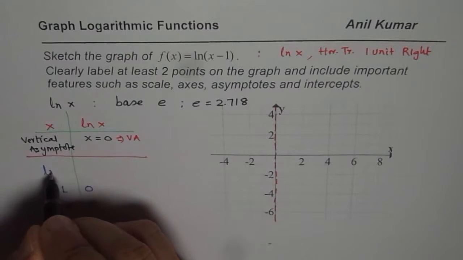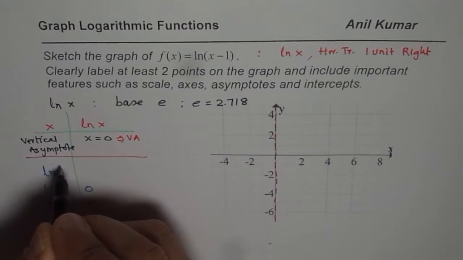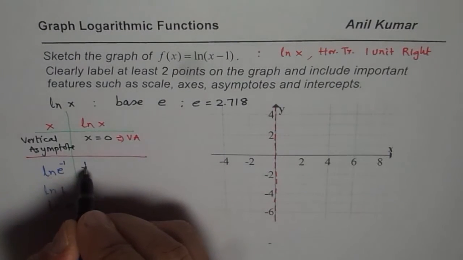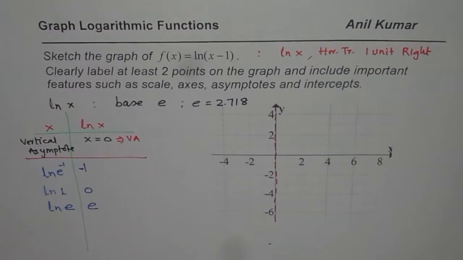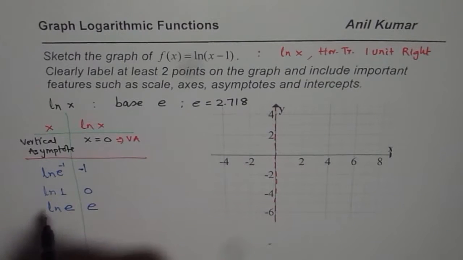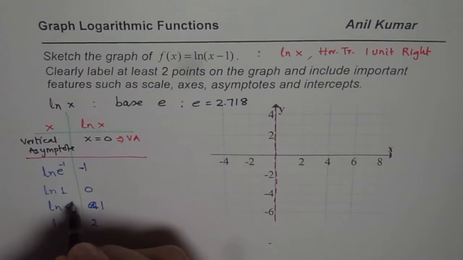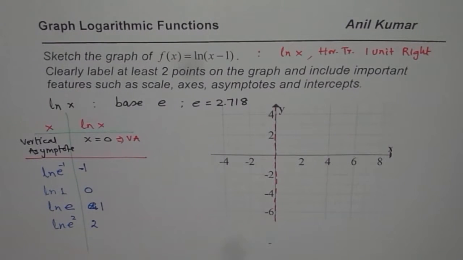And then we can have ln of 1 over e, or e to the power of minus 1. That will give you minus 1 as your answer, correct? So these are good points to check, right? And of course, we can have ln e squared, which will give us 2, right? I'm sorry, ln e is 1, e to the power of 1, I'm sorry. So these are your y values, correct?